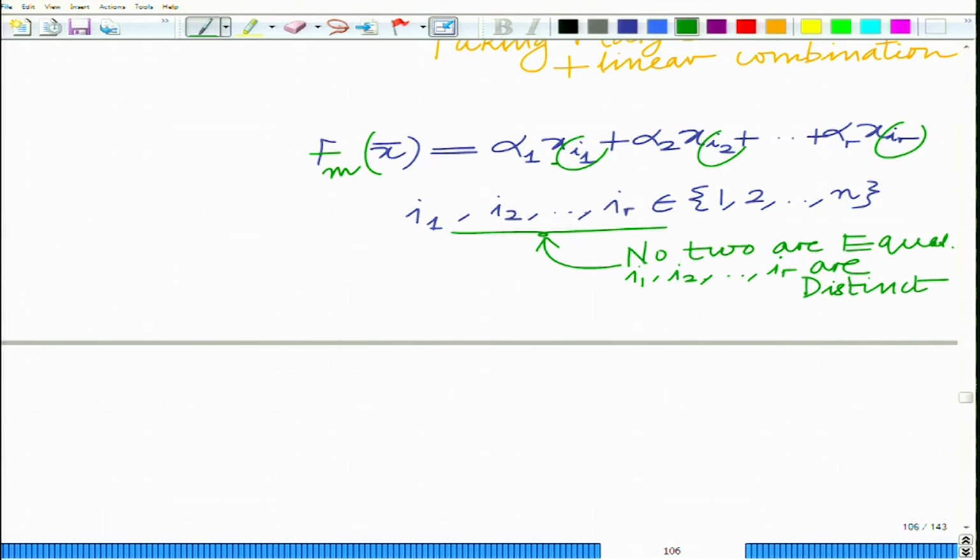It depends on the total number of, not even combinations, because remember, for alpha 1 you have to choose one index i1, for alpha 2 you have to choose one index i2, and so on. So this is basically a problem of permutations, that is, you are choosing the ordered tuples i1, i2, up to i_r. So this is basically the permutation.